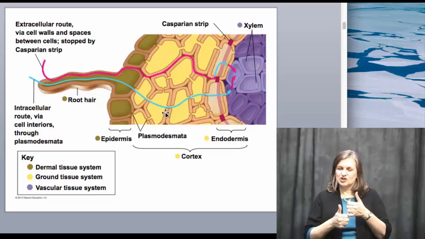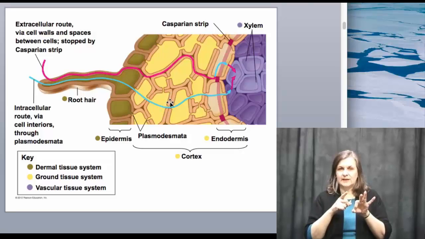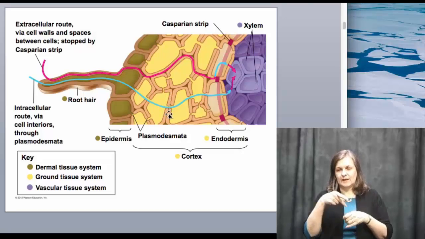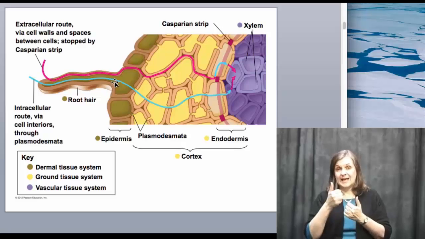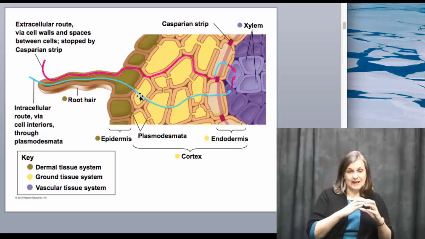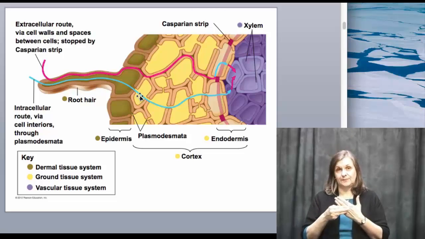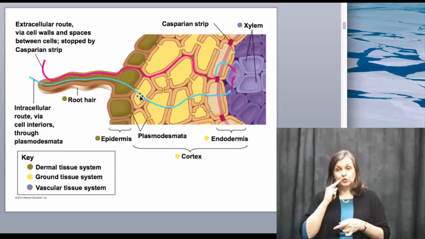But remember, each one of these gaps is actually closed off with a plasma membrane. So every time you want to move from cell to cell, you have to move through a plasma membrane. This is good from the sense that it would regulate nutrient uptake very quickly.